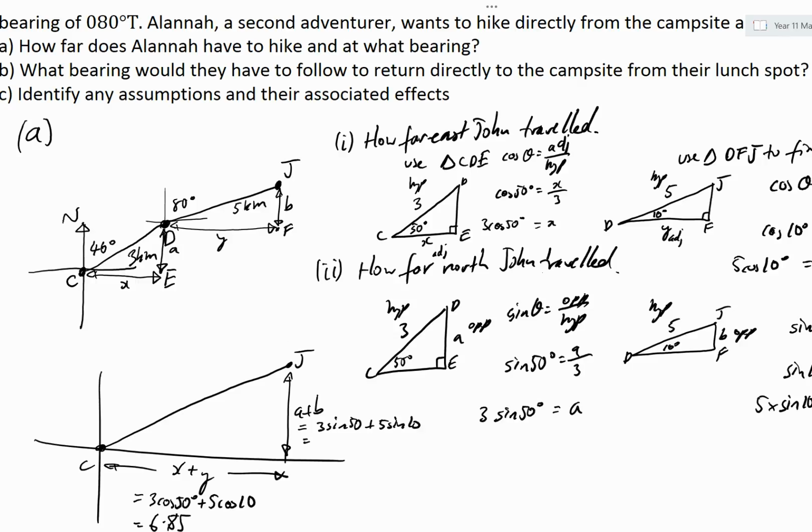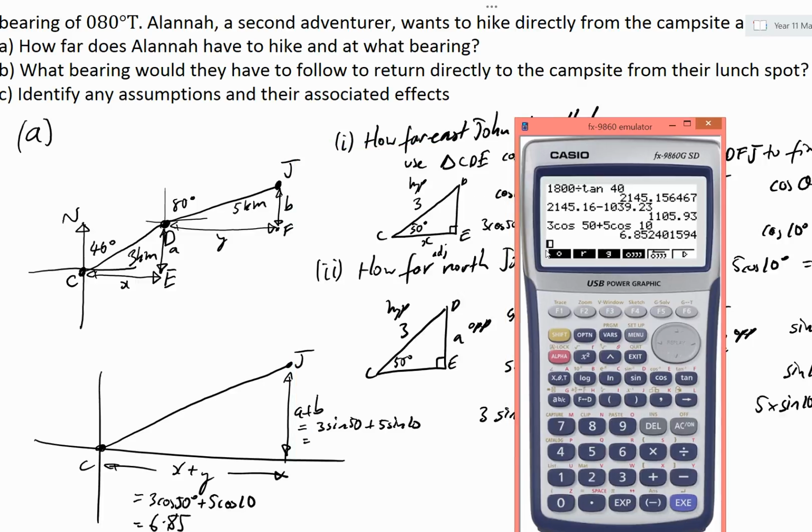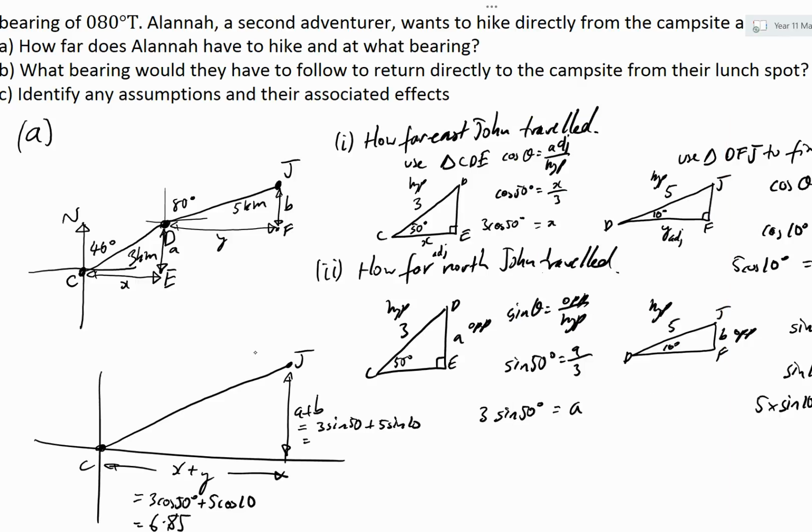Okay, you can use decimal approximations all the way if you want, but we prefer you use exact values. Okay, 3.17. Okay, so I've simplified that journey into just one big right angle triangle. That's the whole idea.